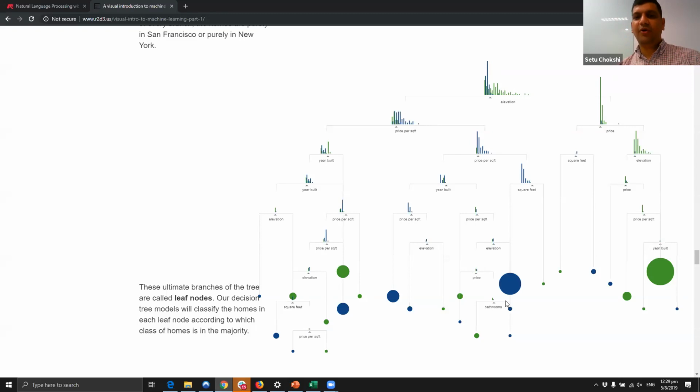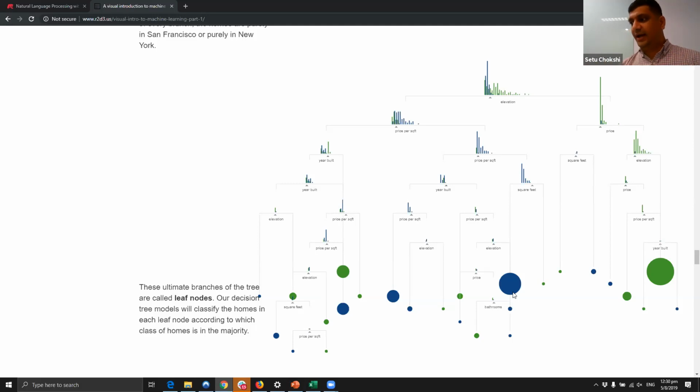So we go up to a point where we cannot split anymore. That's one way of looking at it. You can also limit it by saying that if you don't have X number of data points, you can stop at that point in time. That's another way of looking at it: a minimum number of data points. Yes, that's about right. So these are different ways in which I can set up to what depth you're going to go.